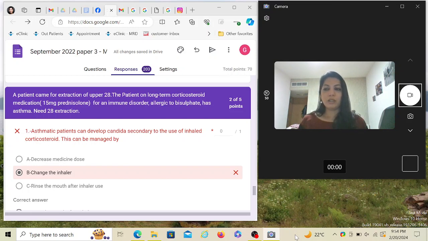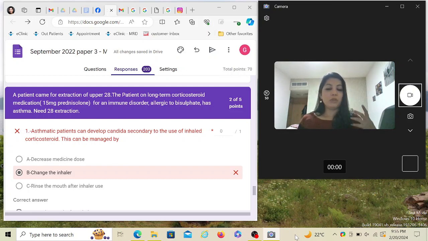Now, when the body lowers that, it's just the external steroid coming in, and you suddenly have a crisis situation, and dental extractions or any procedure is classified as a stressful situation. The body would not be able to produce the extra steroid because it's in a suppression mode, because you're giving the additional extra steroid.